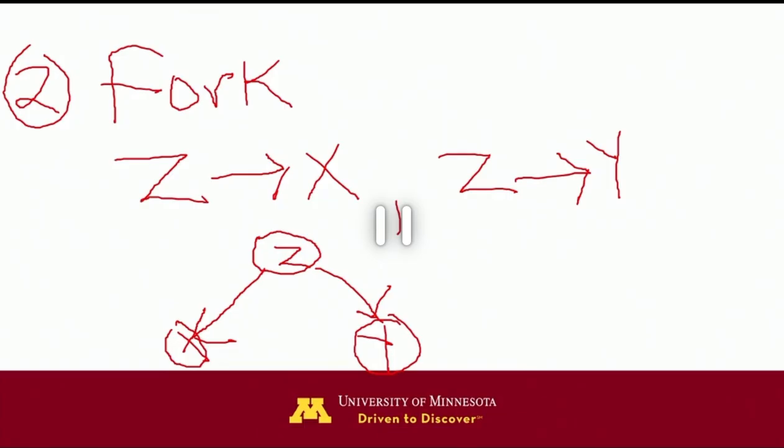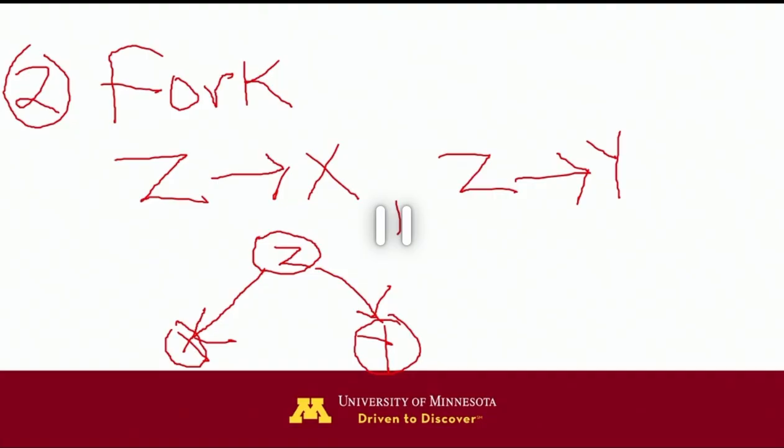upon observing Z. I'm going to give you an example here, and I need you to pay attention. Are you ready to pay attention? Okay. I want to start from marketing. Let's say Z is the marketing campaign that you put in.